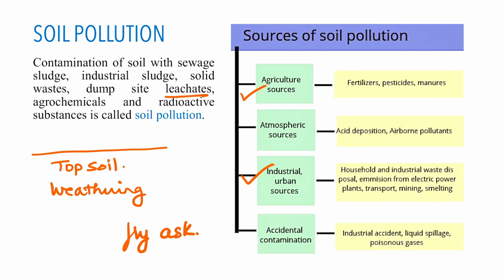Now in soil pollution, the pesticides we are talking about, remember DDT, Aldrin, then endosulfan, are very toxic pesticides that get accumulated in the soil. Because they are persistent chemicals, they are not degraded by microorganisms and will be there for a long period of time.